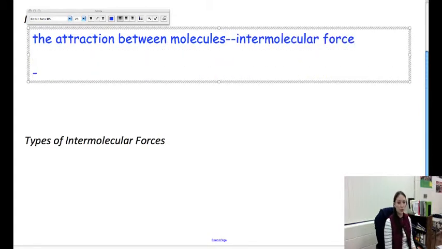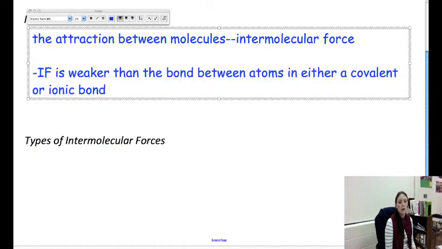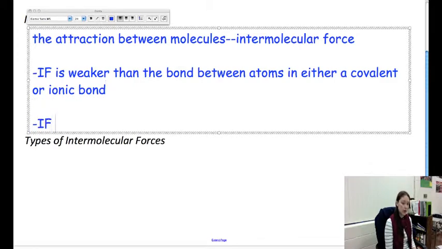Now this intermolecular force, I'm just going to put IF for intermolecular force, is actually weaker than the bond between atoms in either a covalent or an ionic bond. So they're overall weaker, so it's easier to break the attraction between two molecules than to actually break the molecule apart. And intermolecular forces do vary in strength.